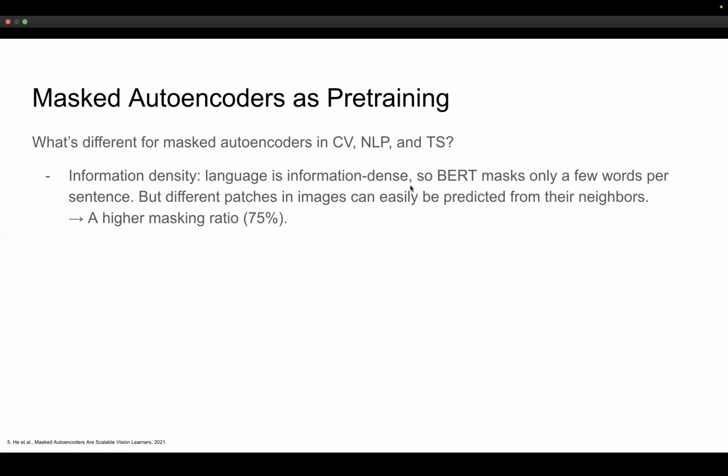So this paper first noted that for images, the information density is different. For languages, most of the time, we cannot take out a large amount of tokens from a sentence. But for images, the information density is typically much lower. We only care about the very high-level semantics of the image.